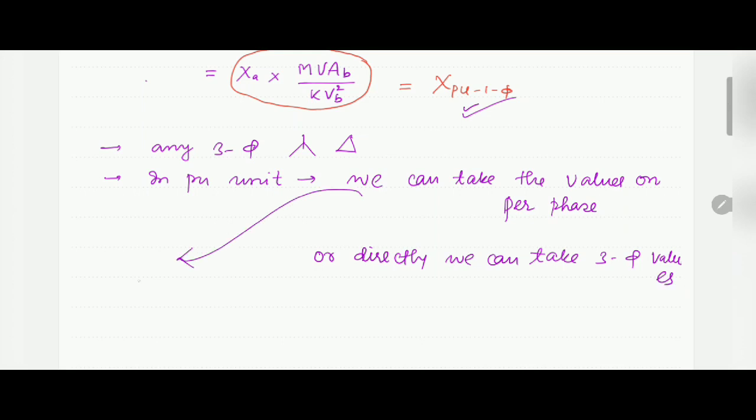So if we are taking MVA on the basis of per phase, we will have to take voltage in per phase manner. Or if we are utilizing three phase MVA directly, then we will have to take line voltage.